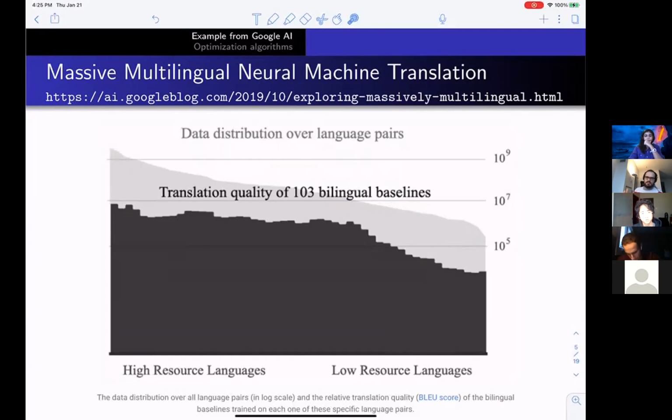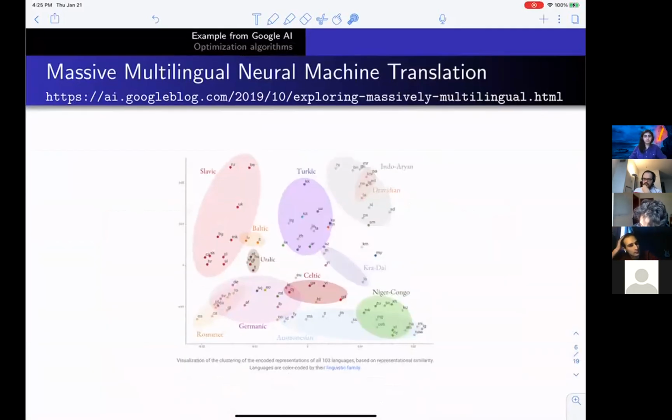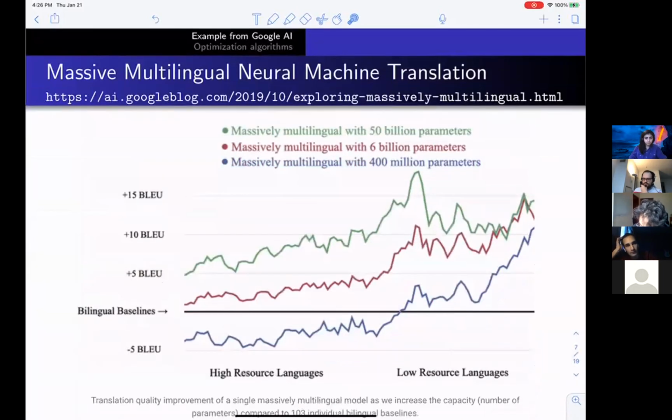So the simplest thing you might do when facing this problem is just train a deep network that would translate every pair of languages, right? So you take every pair of languages and just train a network that translates those. And what these people found was that it's actually beneficial to train a language model which translates all languages simultaneously.